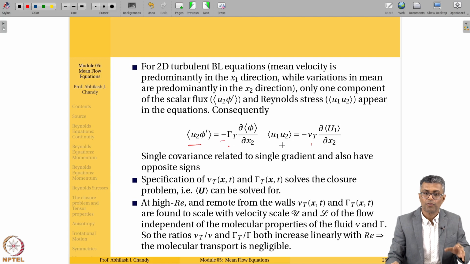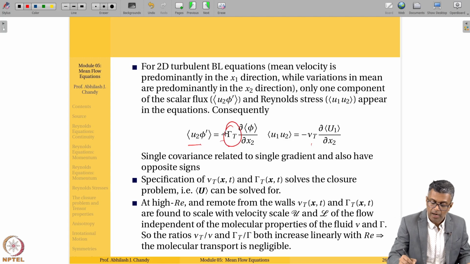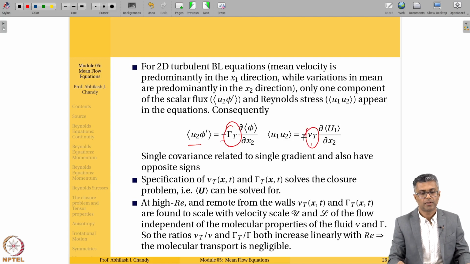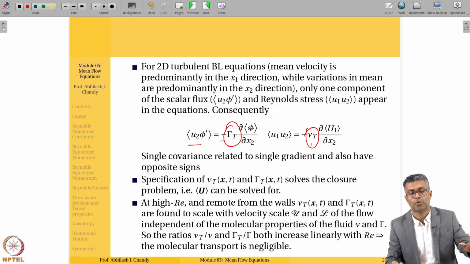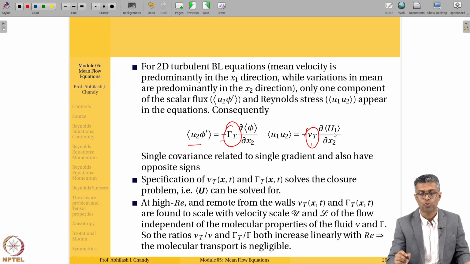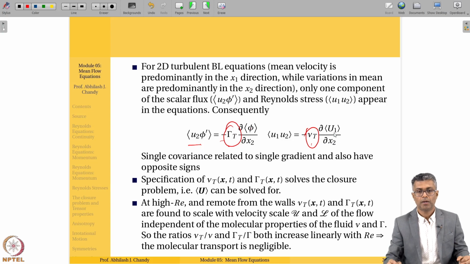So if you have a way to specify gamma t and nu t, your closure problem is solved, because the mean is known from the governing equations. The Reynolds equations give you u1 mean, and the mean scalar equation gives you phi mean.